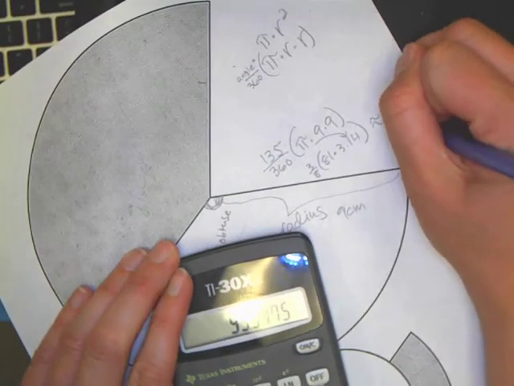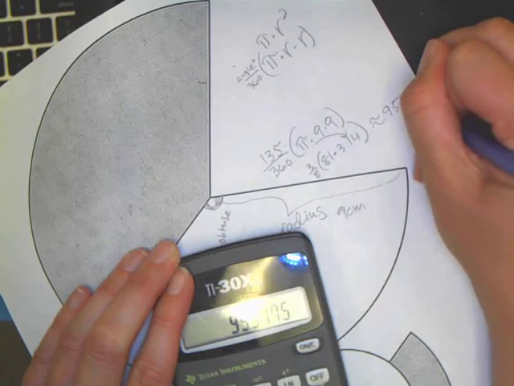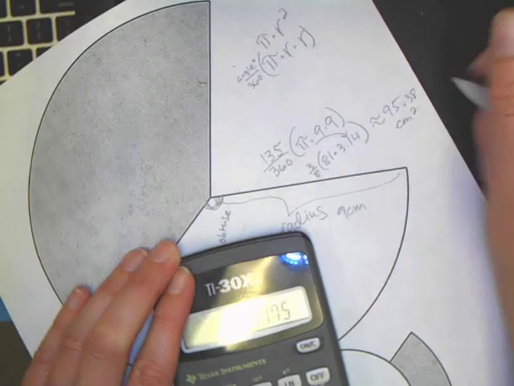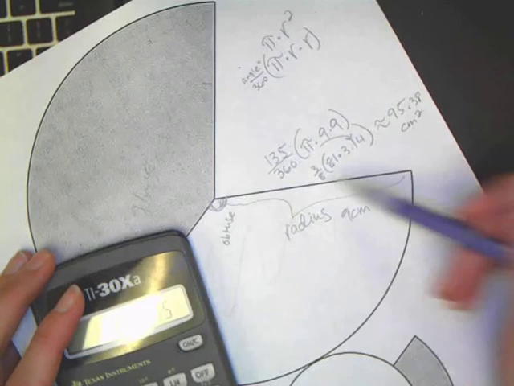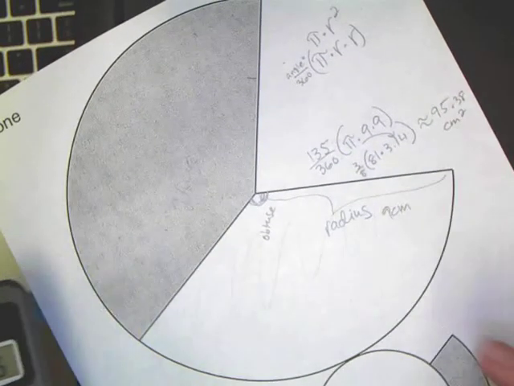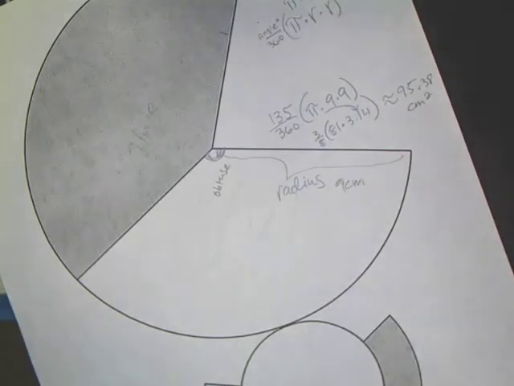So this is going to be about 95.38 centimeters squared. And that is the surface area of my cone.